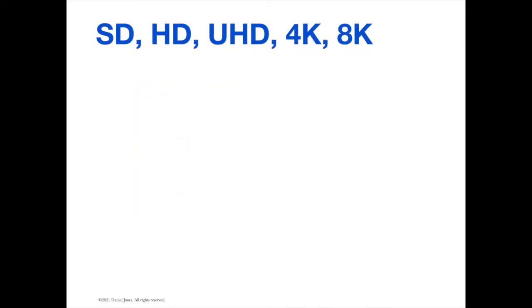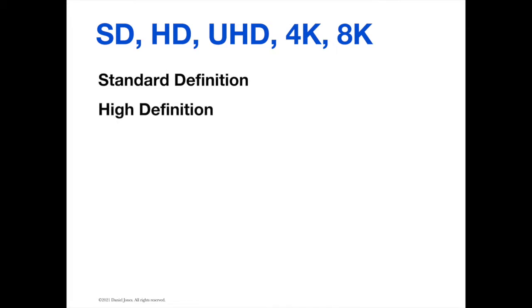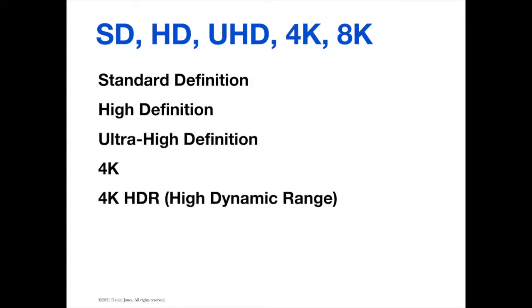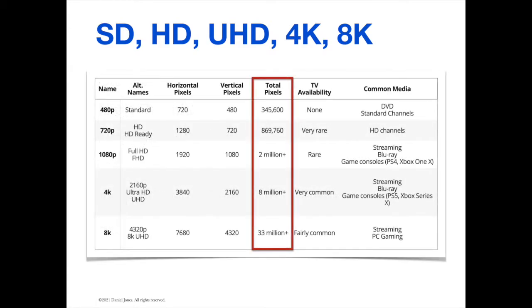TVs today do a really good job of having a very high pixel rate. And it comes in these standards: standard definition, high definition, ultra high definition, 4K, 4K HDR, high dynamic range, and now even 8K. In this chart, you see the number of pixels within that TV.